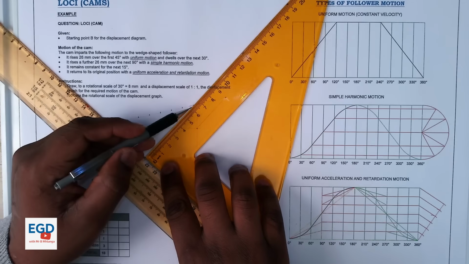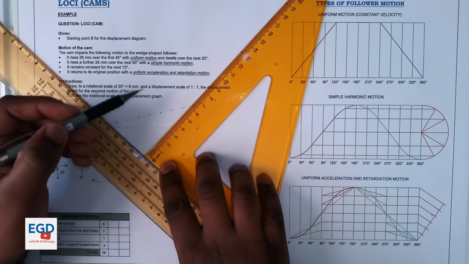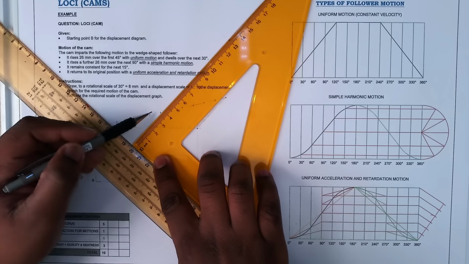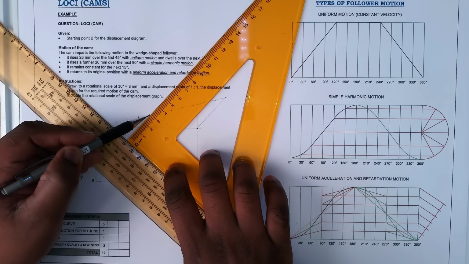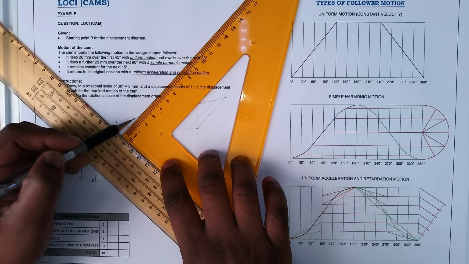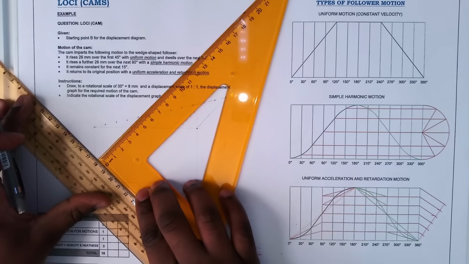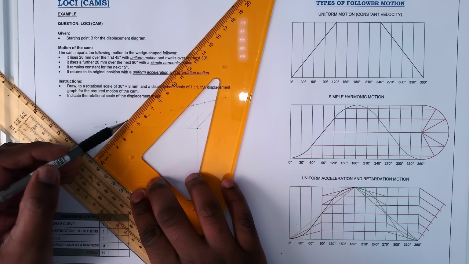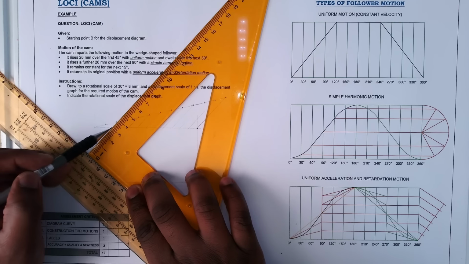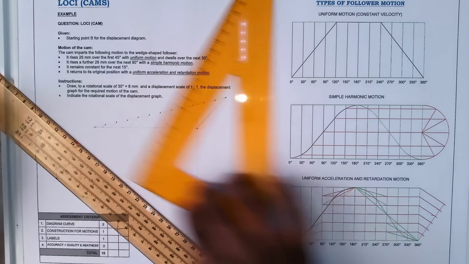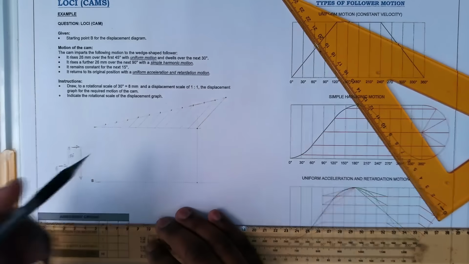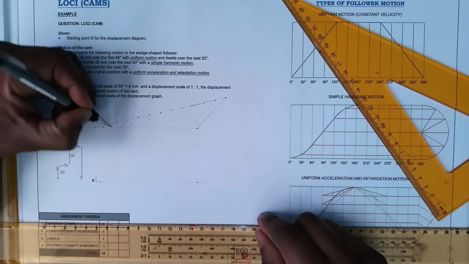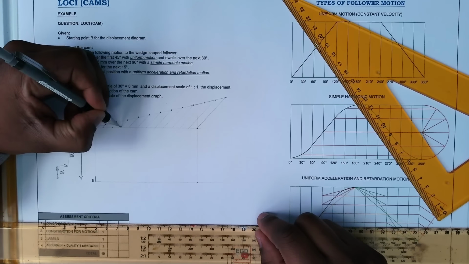You must press it down against the drawing board. Okay, so I'm done with the lines. That's how you divide a line into 12 equal parts.